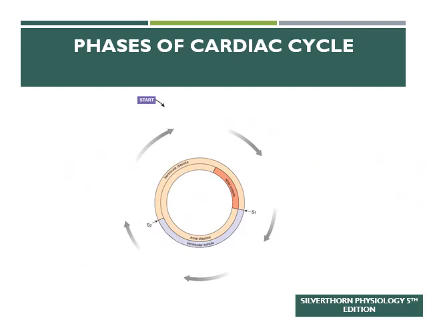As we mentioned, the cardiac cycle occurs in two phases, diastole and systole. And because the atria and ventricles do not contract and relax at the same time, we discuss atrial and ventricular events separately.